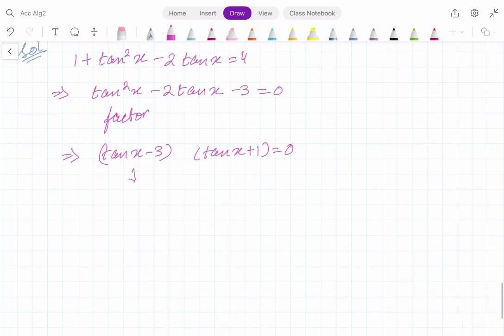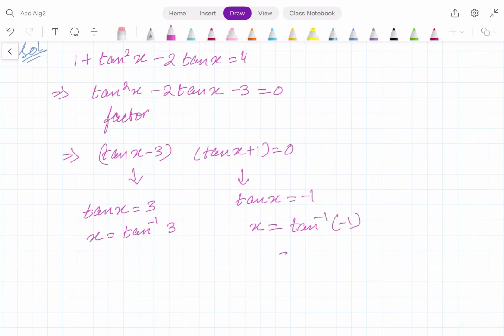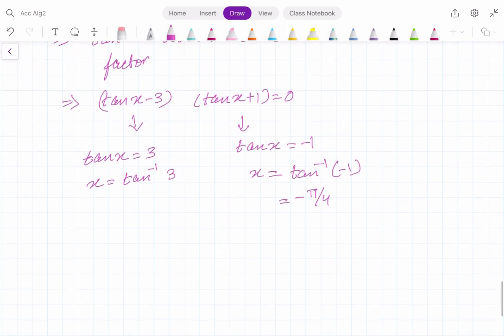If you put them equal to 0 one by one, we will get tangent x is equal to 3, or x is equal to tangent inverse of 3. And the other will be tangent inverse of -1. Now, tangent inverse of -1 will be -5/4, right?